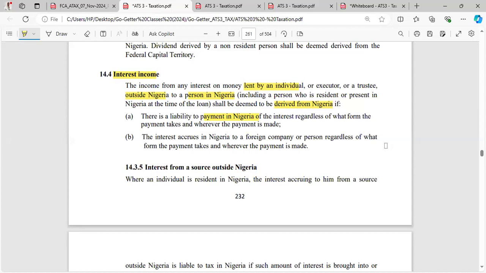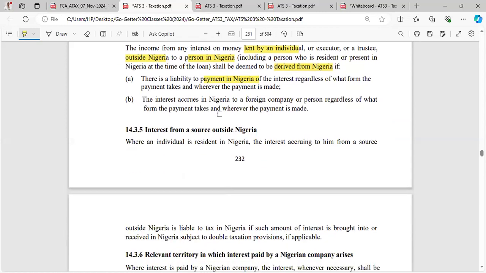That means the 1 million naira will yield 10% interest, which is 100,000. If the person pays you 1,100,000, the 1 million is the capital, the 100,000 is the interest. It is that 100,000 that is called interest income.